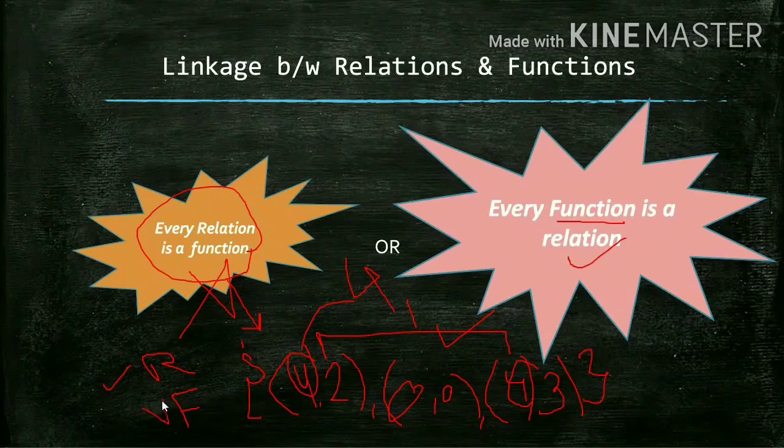So that means it is not a function. And this is the example that every relation is not a function. It is a relation but not a function. But if I have a function, then that is definitely a relation. I hope you would be clear with these definitions of relation, function, examples. I hope it's all clear, right?